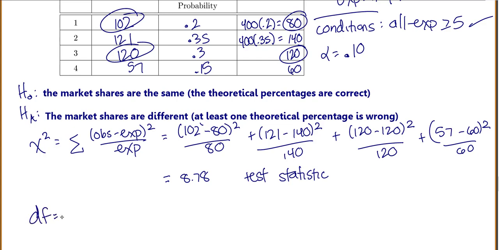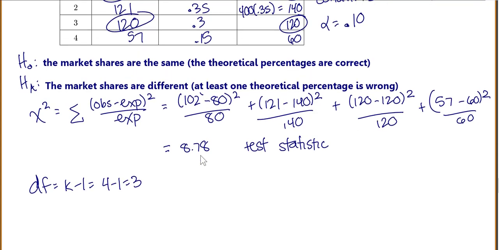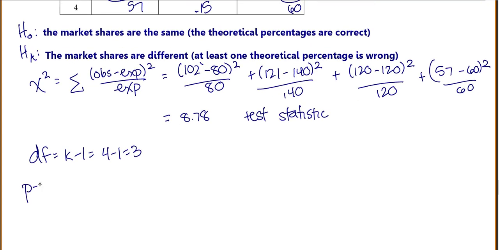My degrees of freedom is k minus 1. Remember, that's your number of groups. I have 4 groups, so 4 minus 1 gives me 3. For my p-value, here's my chi-square distribution. I have chi-squared equals 8.78, and I'm looking for the area to the right.